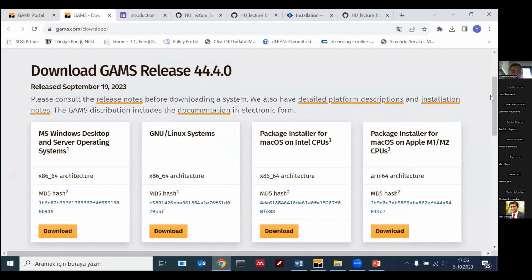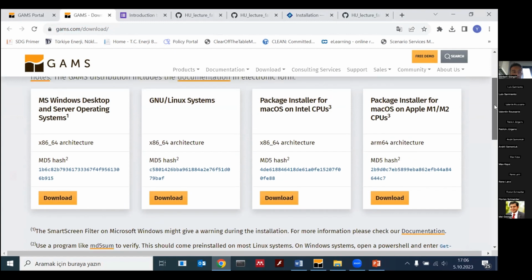And from here, depending on your operating system, you can install GAMS. I don't know if you have installed GAMS at the moment, or do you want me to wait for you to install GAMS on your computer?